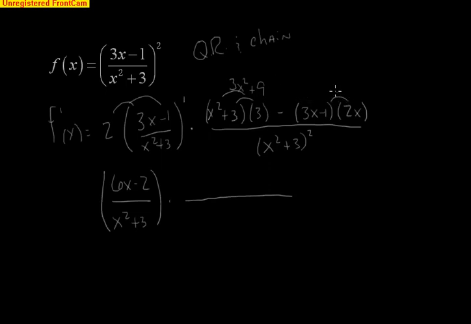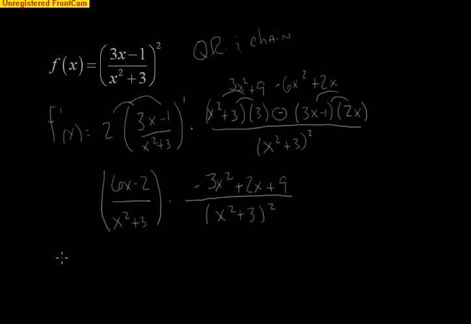And then I'm going to distribute here, not forgetting the subtraction going on here. I'm going to have minus 6x squared plus 2x. So on the top, when I combine these like terms, I'm going to have negative 3x squared plus 2x plus 9. And I have x squared plus 3 squared.